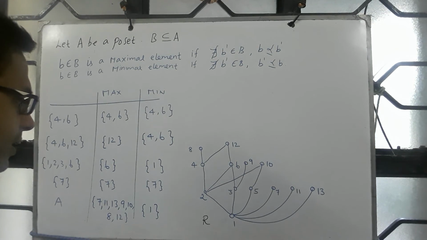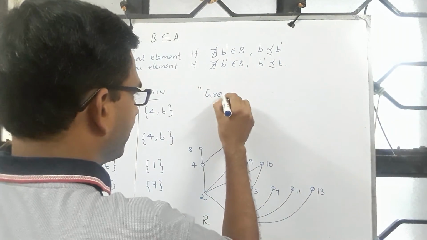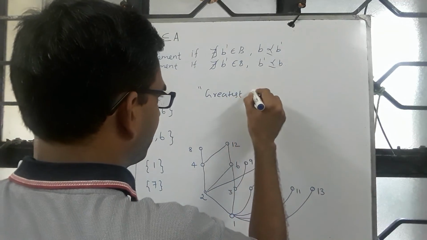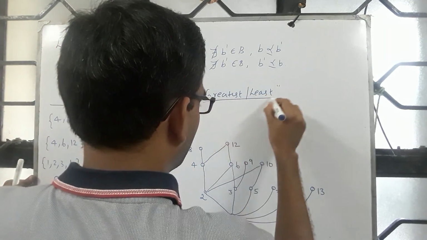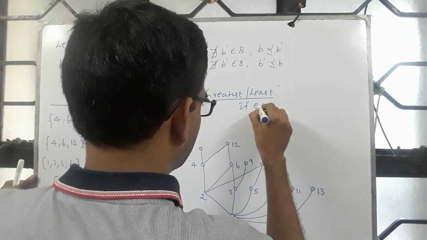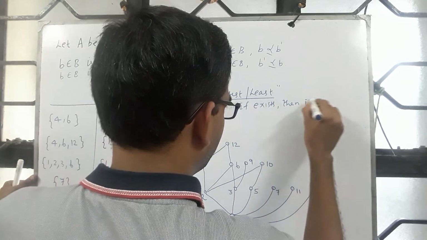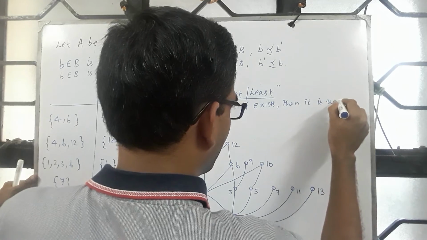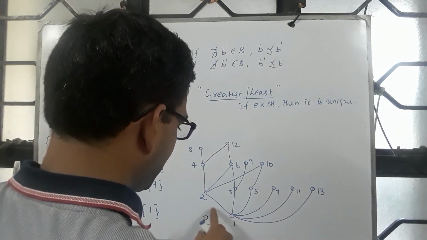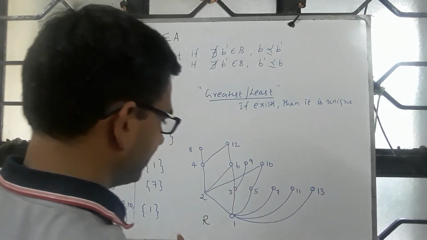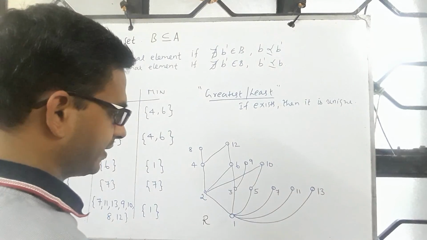And the other thing, if you have observed, greatest and least, if they exist, then it is unique. For example, when we looked at, say, {1, 2, 3, 6}, we saw that 6 was greatest.